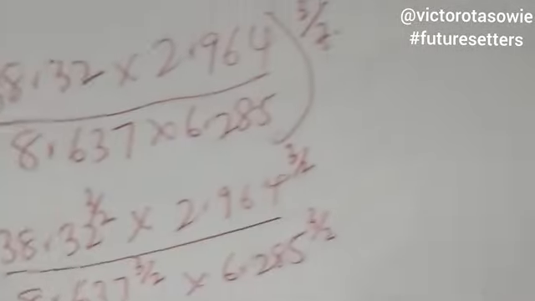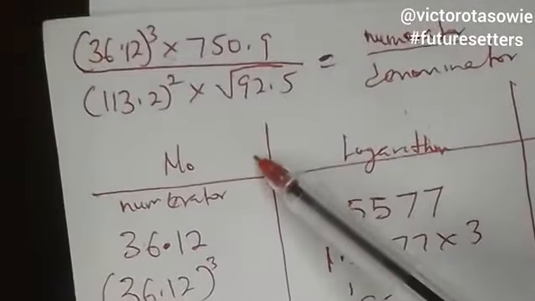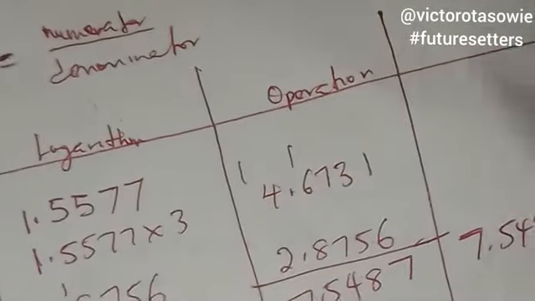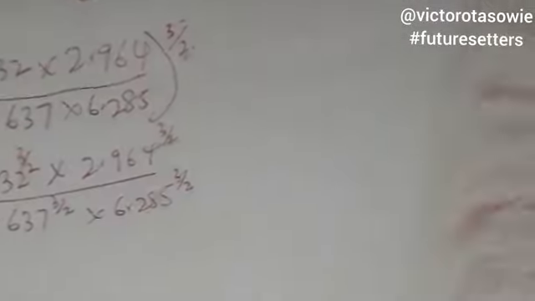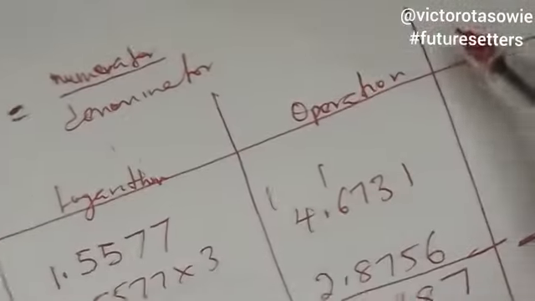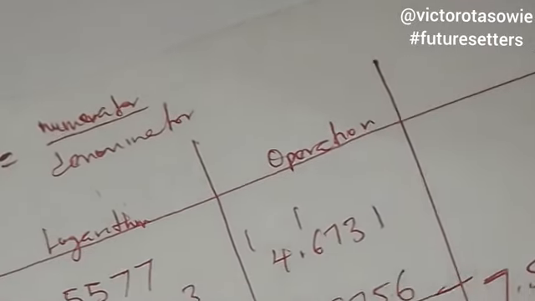So meaning that in your table, just the way we did this, which is also very simple, you find number and you find logarithm, then you find operation. So after you find the number, you find the logarithm, then you find the operation, then everything is settled.